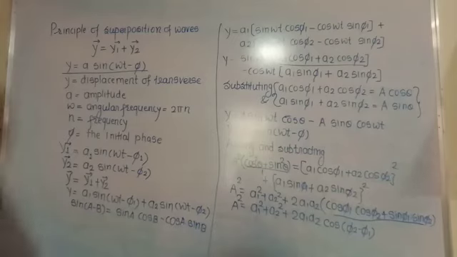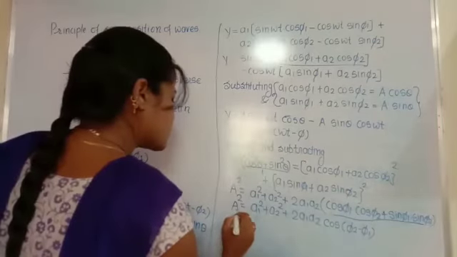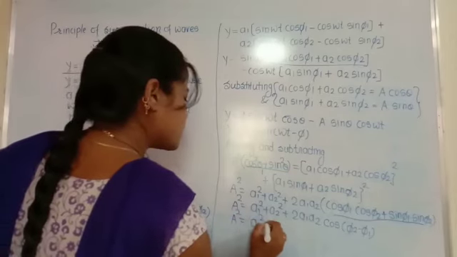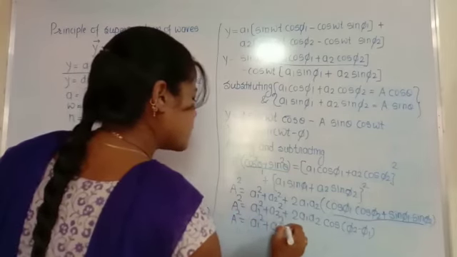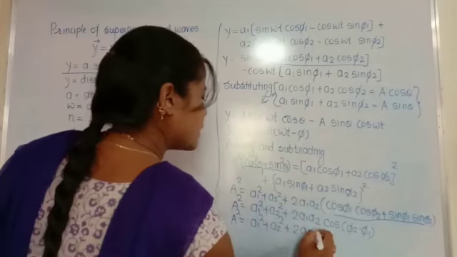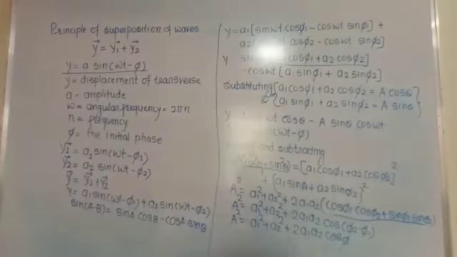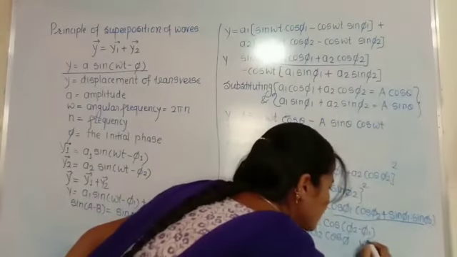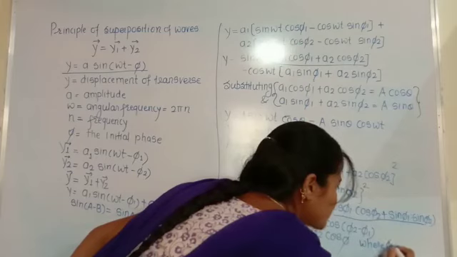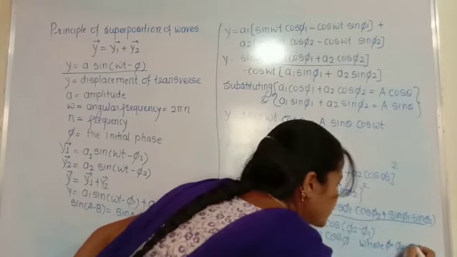So therefore we write A square is equal to a1 square plus a2 square plus twice a1 a2 cos of phi, where phi is equal to phi2 minus phi1.